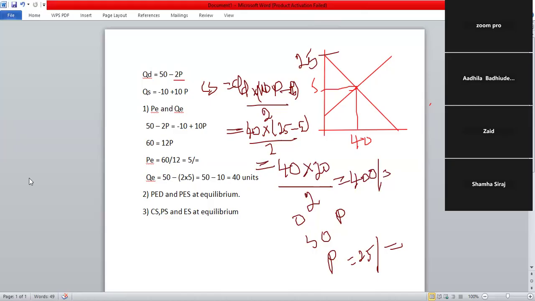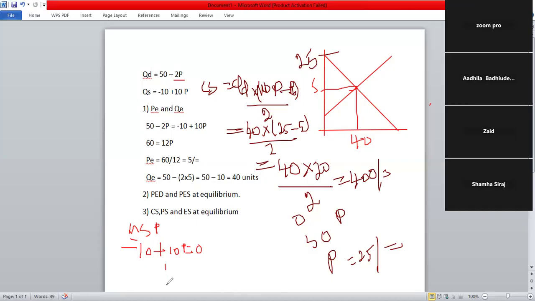Then the producer surplus we will try. To find the producer surplus, you need the minimum supply price. Minus 10 plus 10P is equal to 0.